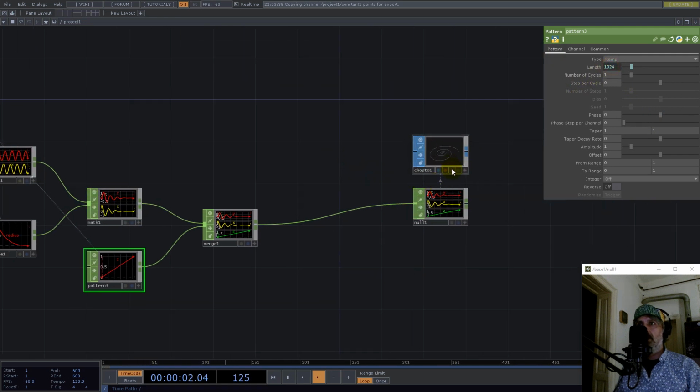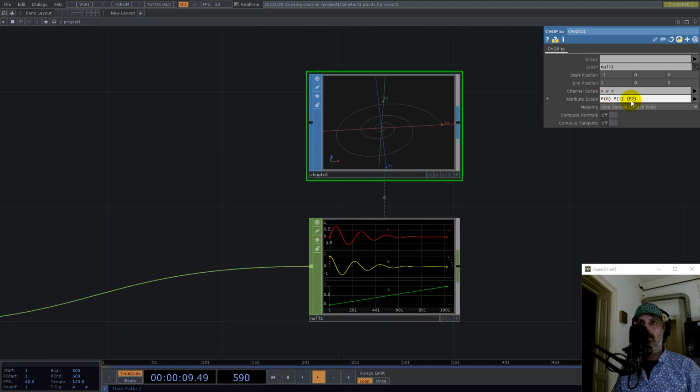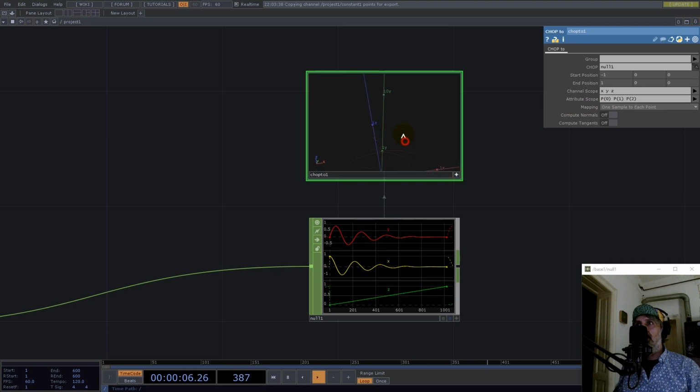Okay, and here take also z and P2. Okay, oh, not like that. Sorry. And now we have the spiral.